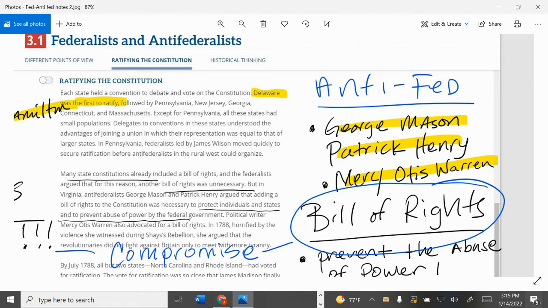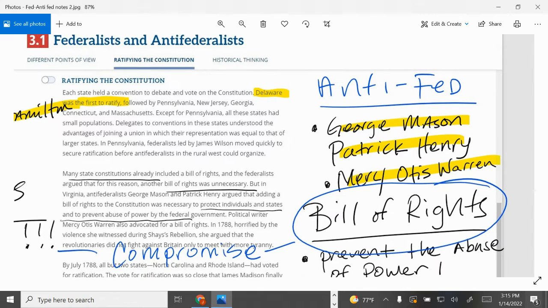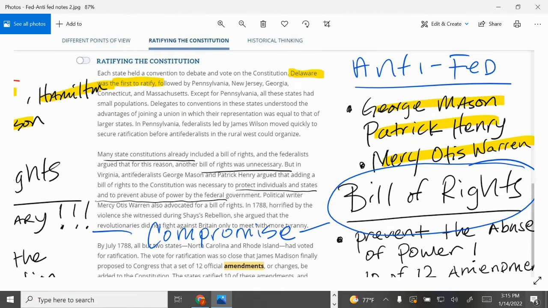If you go here in the reading, right about here, Mercy Otis Warren talks about how we just fought an American Revolution to escape the clutches of a king. Why would we give all of this power and just walk into the clutches of a really strong government? So she agreed with the Anti-Federalists that there needed to be more protections against abuse of power.